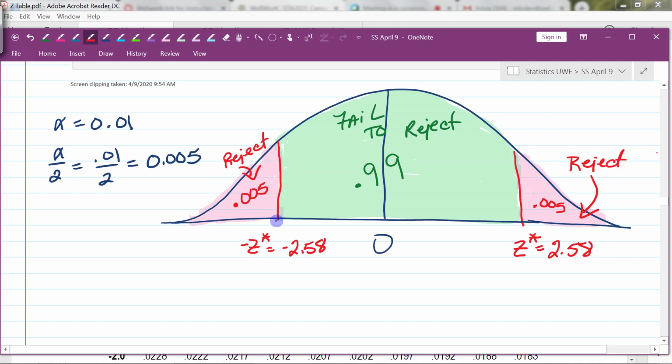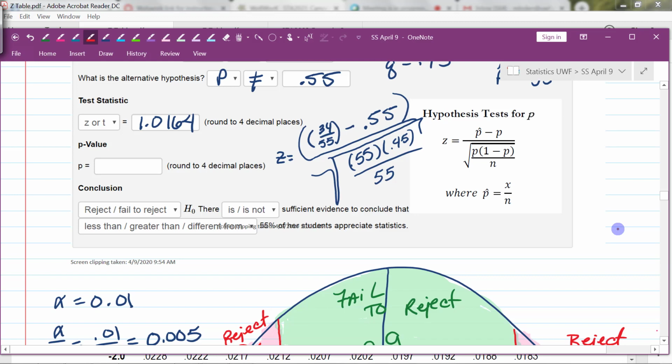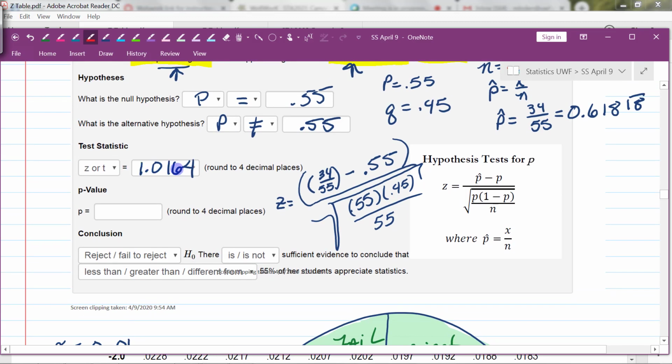And if my test statistic falls to the negative of negative 2.58 or to the positive of 2.58, then I'm going to reject my null hypothesis and conclude that the alternative is correct. So we come in here and we plot our test statistic, which was 1.1064.